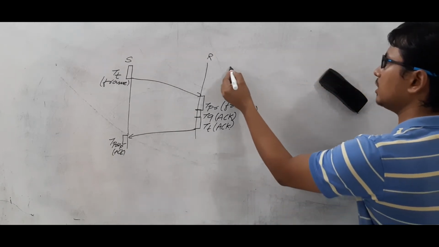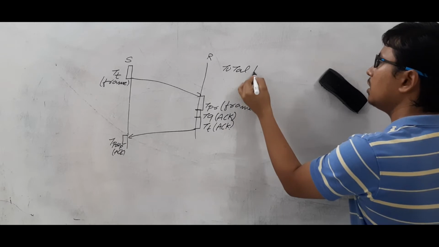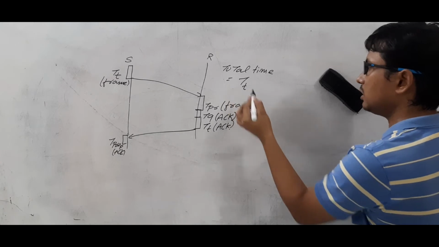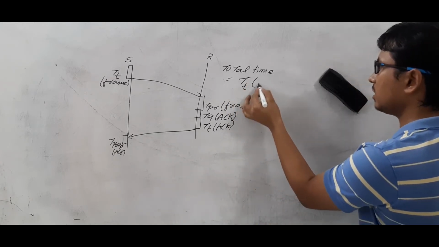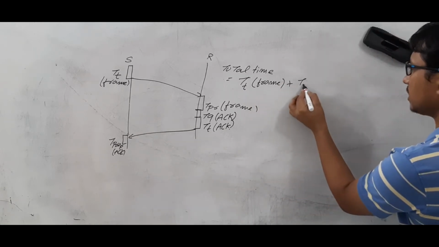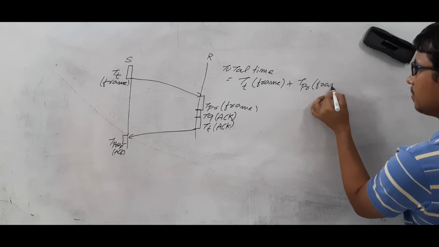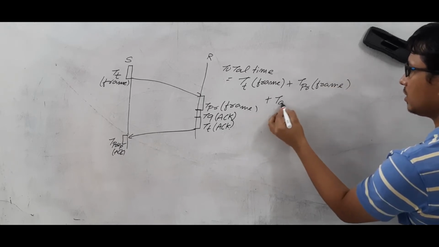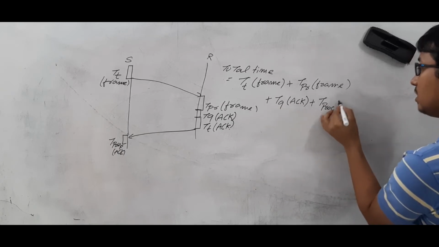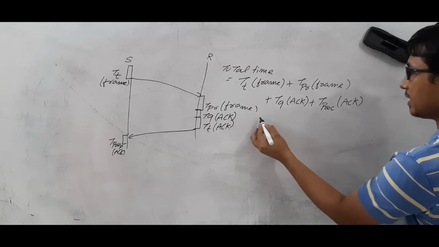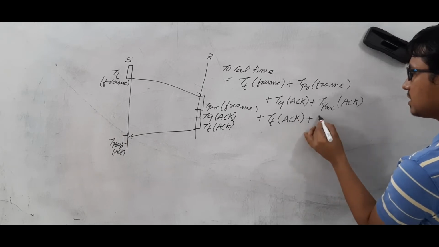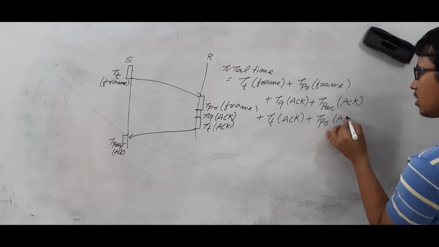So the total time to send one frame is equal to the transmission delay for the frame, plus the propagation delay for the frame, plus the queuing delay for the acknowledgement, plus the processing delay for the acknowledgement, plus the transmission delay for the acknowledgement, plus the propagation delay for the acknowledgement.